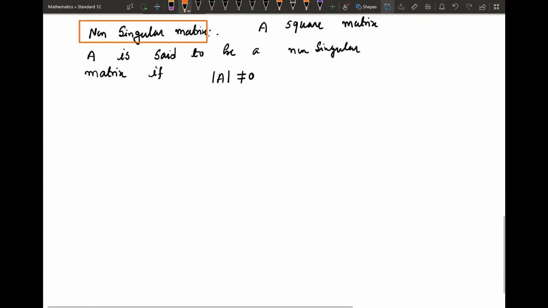Now we give the formula to find the inverse of a matrix.